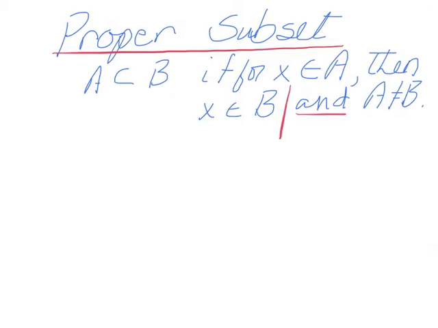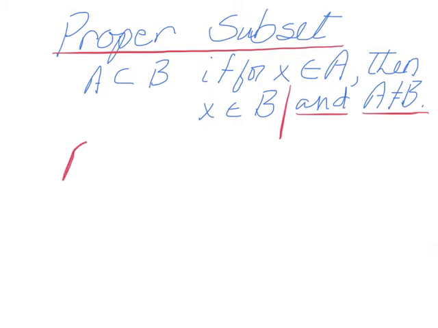But we add this, and the set A is not equal to set B, which means they don't have exactly the same elements. In other words, set A has a slightly smaller cardinal number than set B, or significantly smaller, either one. So let me give you an example of a subset and then a proper subset.